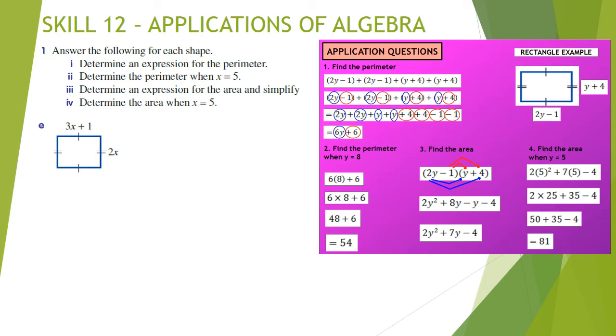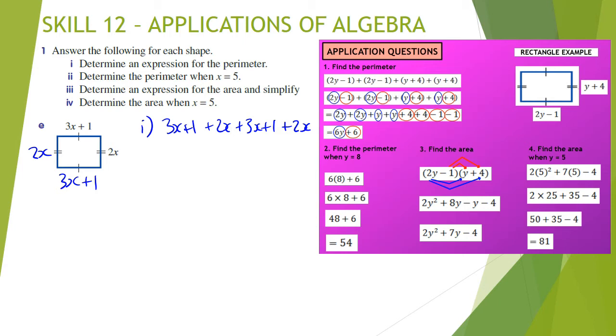This is another question which is very similar to the square example, but we've got a rectangle now. So if we label the rectangle fully, we'll have 3x plus 1 on the bottom as well, and 2x on the side. If we're finding part 1, the perimeter, it'll be 3x plus 1 plus 2x plus 3x plus 1 plus 2x.